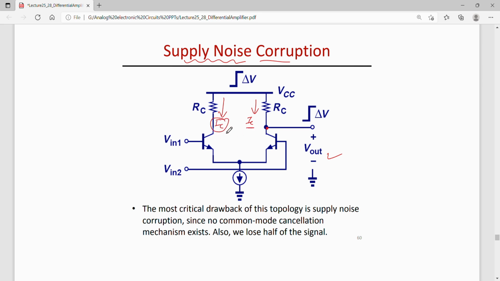It is not considered at the output. So half of the signal is lost, and also common mode cancellation is not present. No common mode cancellation mechanism exists. So these are a few drawbacks of taking single-ended output from the differential pair.